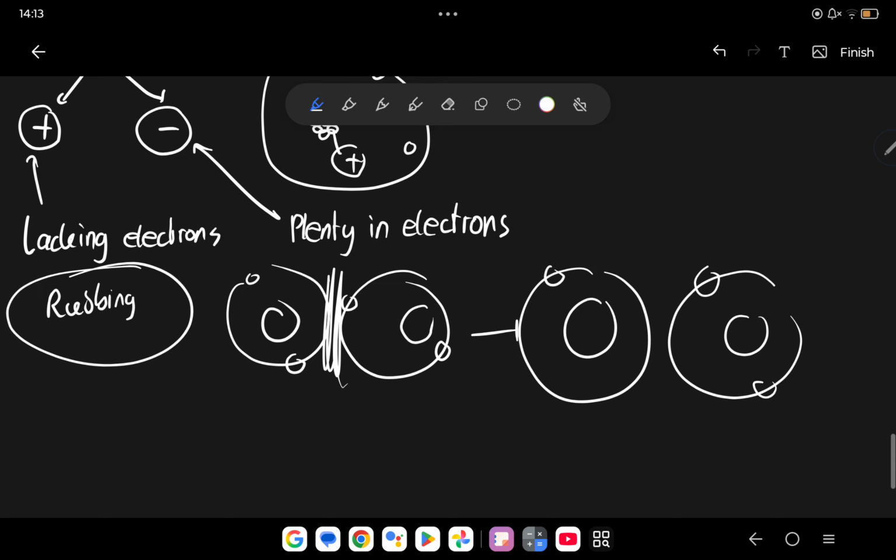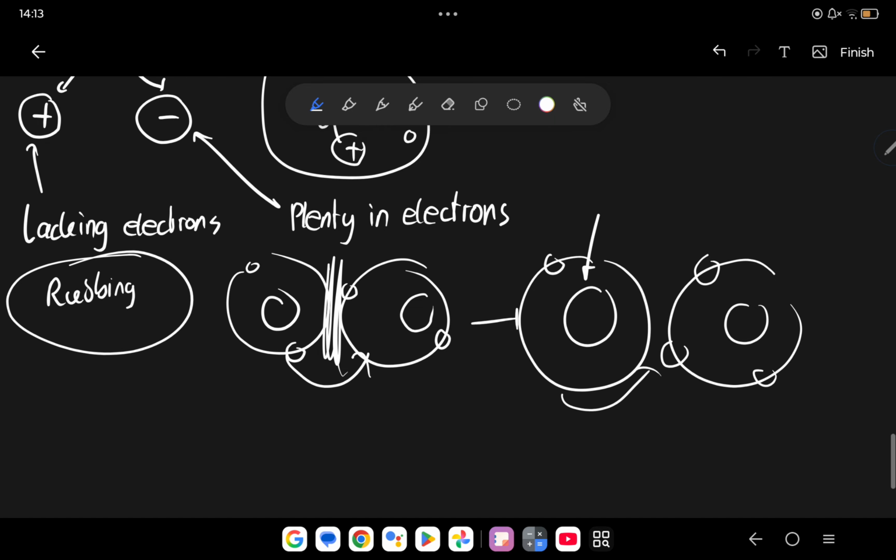One, two, three, it moves there. This makes this one lacking in electrons, or positively charged, and this one plenty in electrons, or negatively charged. So remember, the thing that is moving is the electrons, not the protons, not the neutrons.